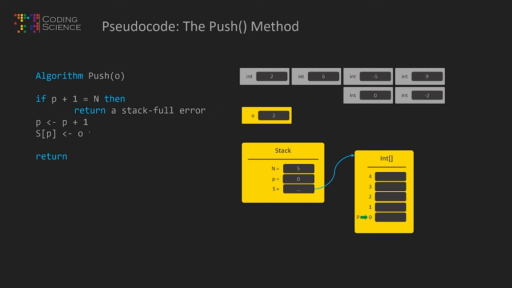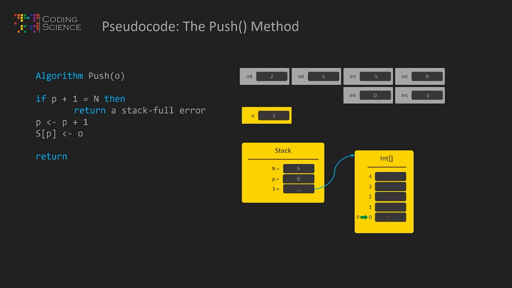This is important. The O object, which is this one, with the value 2, there is the arrow again. So we'll put the value in O into the array S at the position P. The position P here is 0.